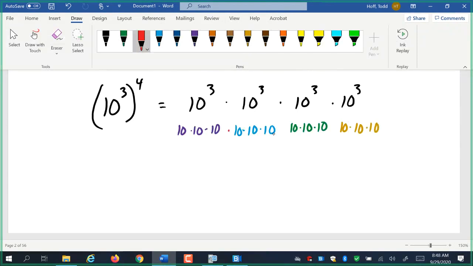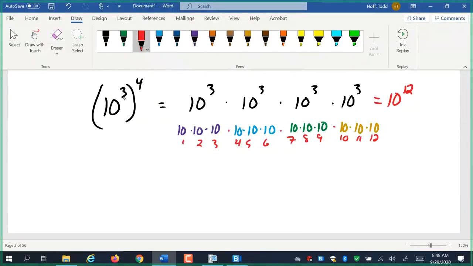So if I multiply all of them together, I have 1, 2, 3, 4, 5, 6, 7, 8, 9, 10, 11, 12 tens being multiplied together. That's 10 to the power of 12.